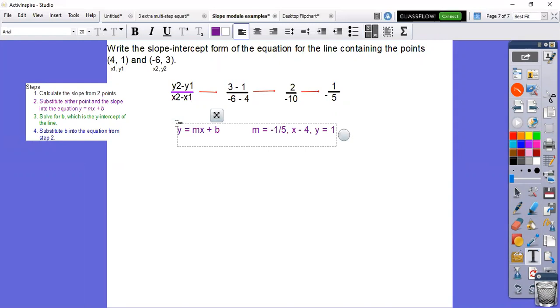Okay, so I'm going to have 1 equals, my slope is negative 1/5 times 4 plus b. Oops, that should be a times sign, not negative 4. Sorry about that.